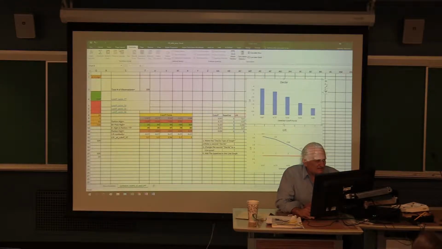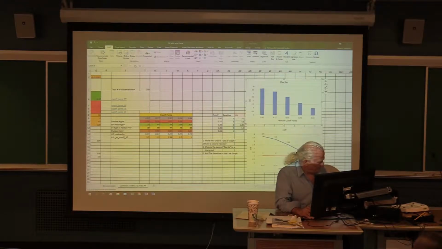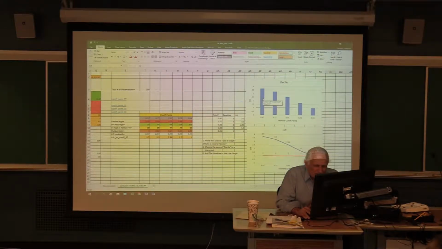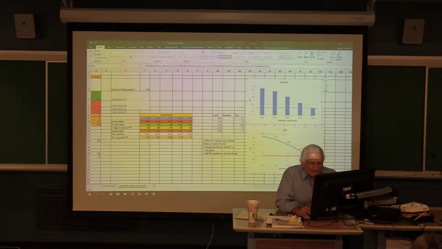This one corresponds to this line here. If I was looking at only this bar, what does this tell me? Just this bar.